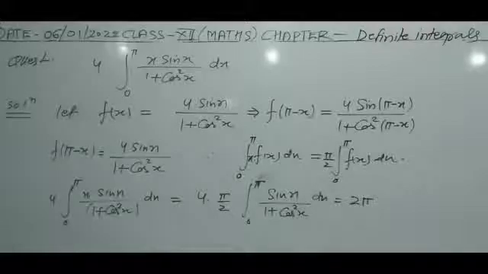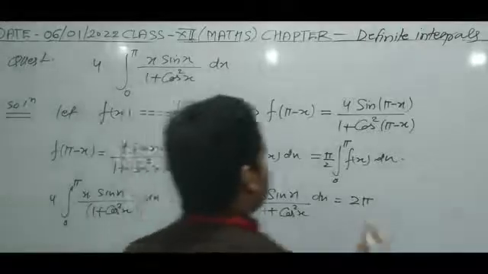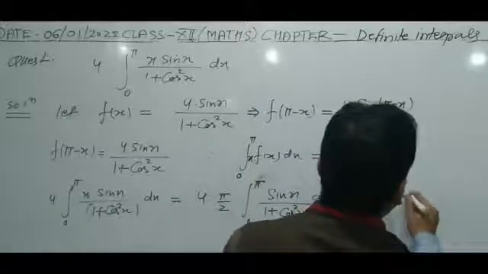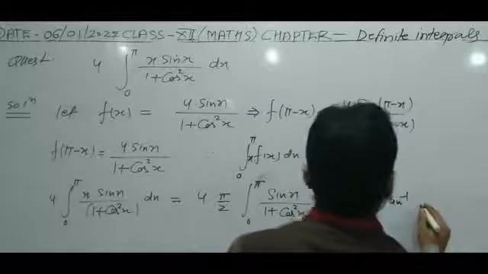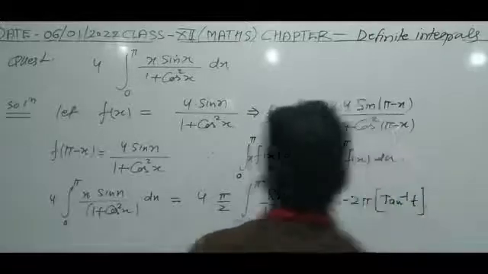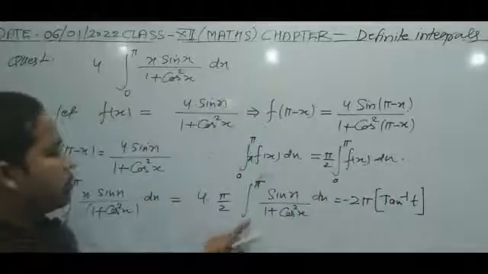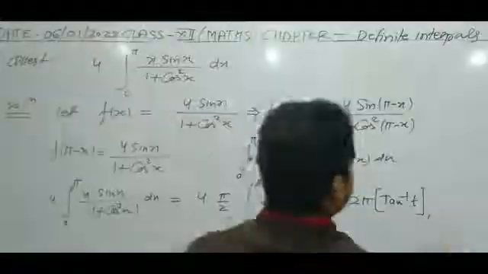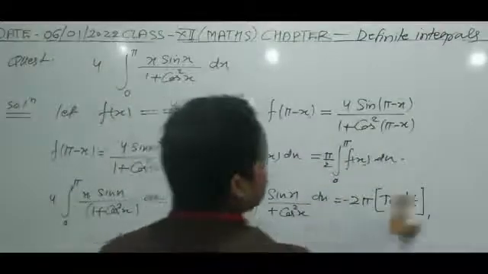So minus 2 pi tan inverse t, and for the limits, x is equal to 0 gives t is 1, and x is equal to pi gives t is minus 1.